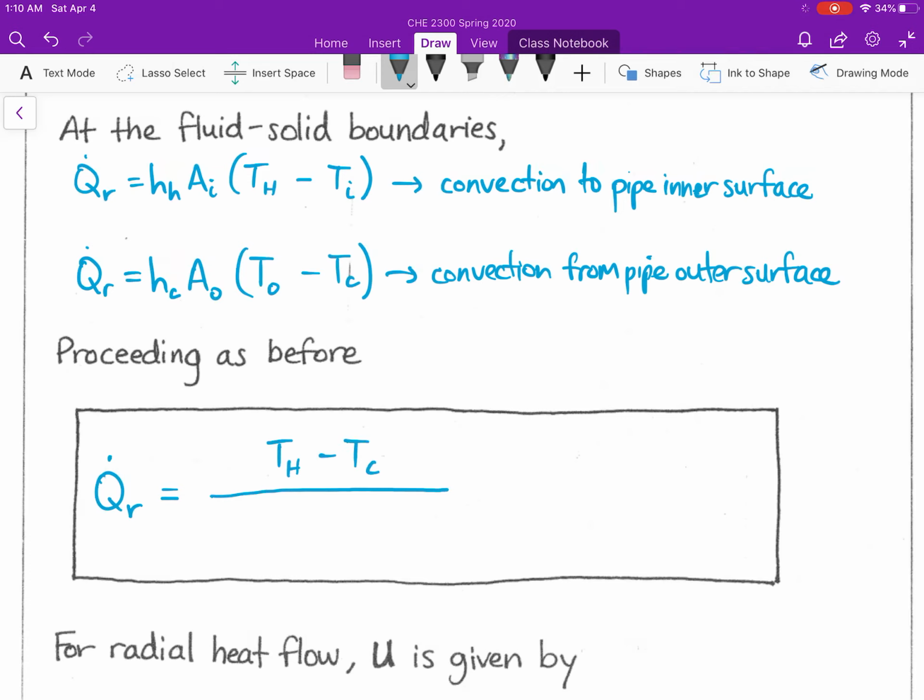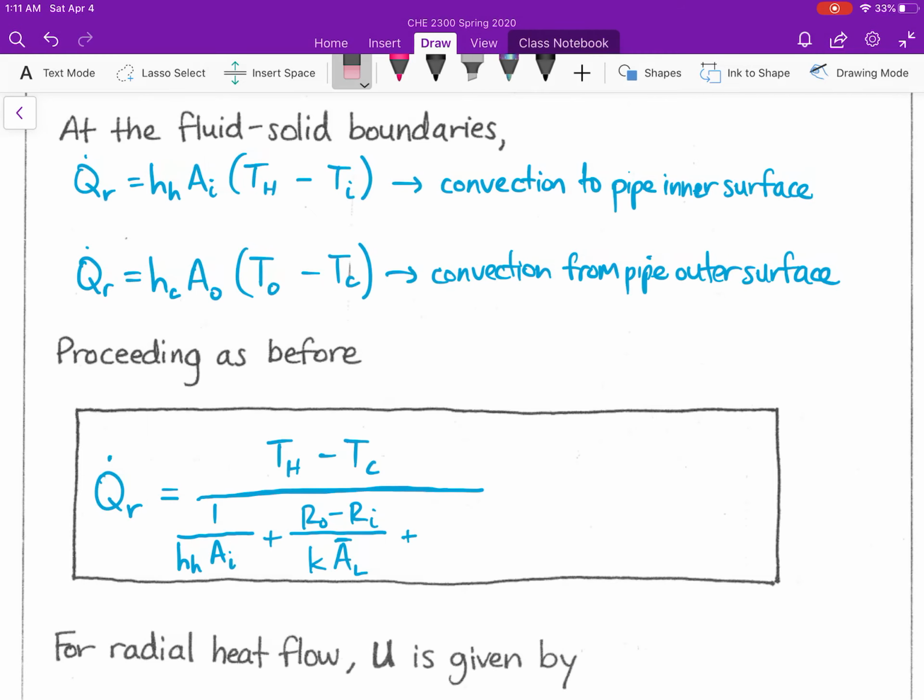In the numerator, we have the temperature difference between the hot fluid and the cold fluid, and that is divided by 1 over the convective heat transfer coefficient for the hot fluid times the area of the inner surface of the pipe, plus our conduction through the pipe, so the difference in the outer and inner radius, divided by the thermal conductivity times the log mean area.